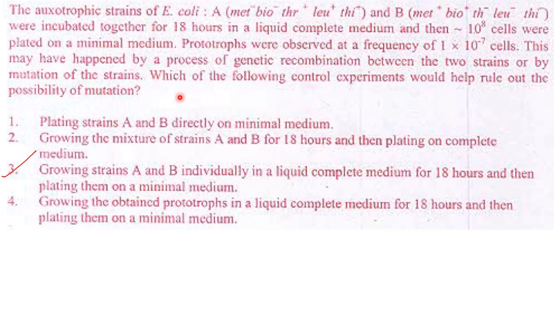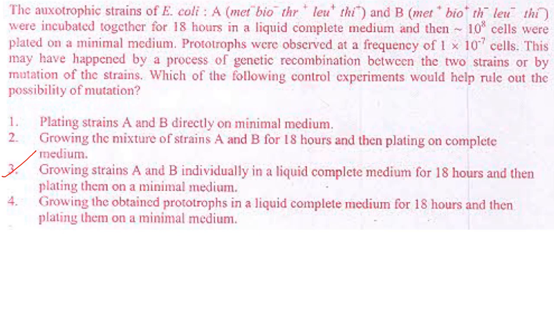Now which control experiment would help rule out the possibility of the mutation? So the answer is option 3, that is growing strains A and B individually in a liquid complete medium for 18 hours and then plating them on minimal medium.